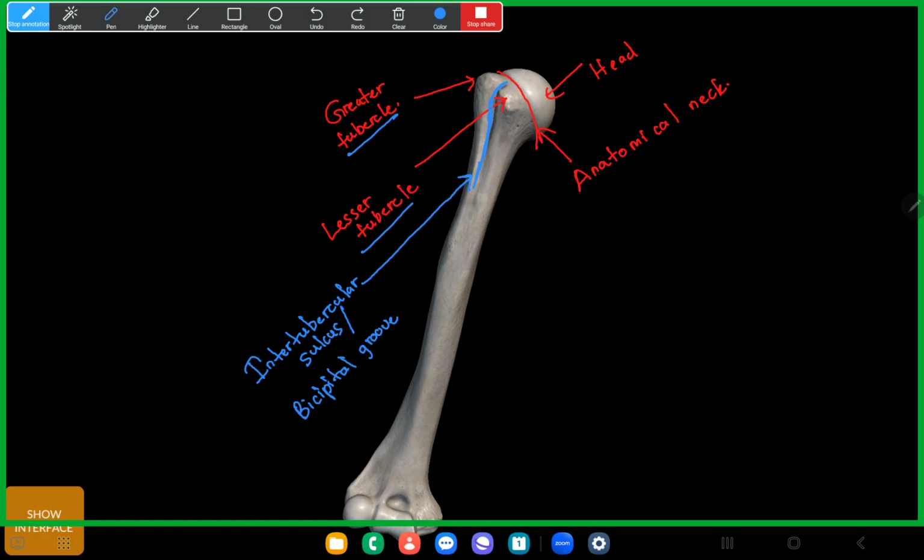This sulcus is also called the bicipital groove.